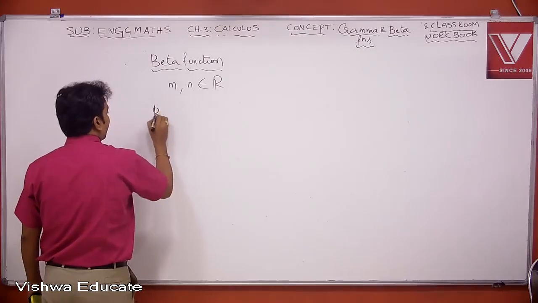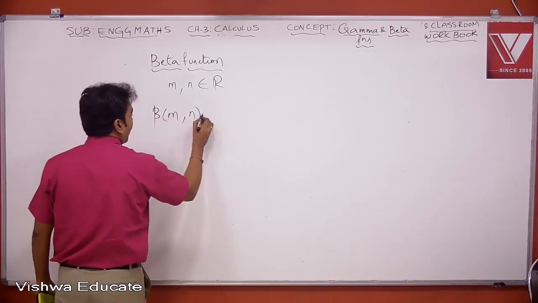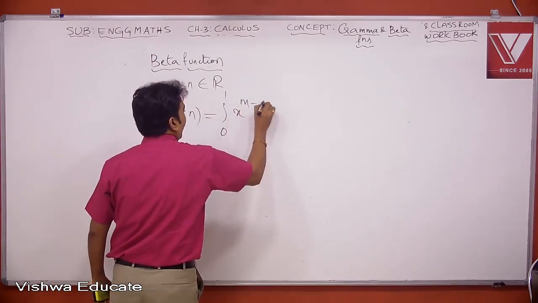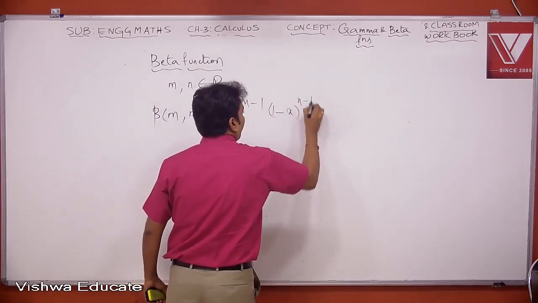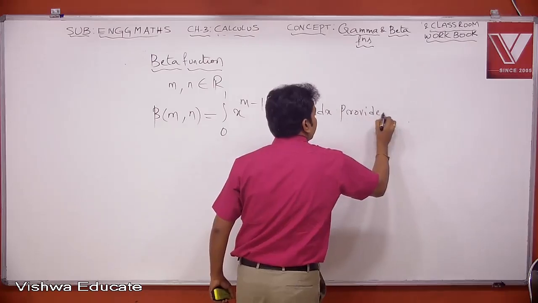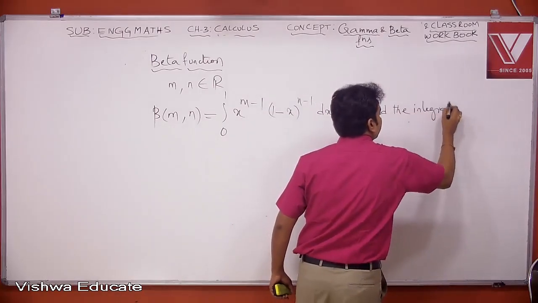Then the beta function for m comma n is denoted by beta of m comma n, which is defined as the definite integral 0 to 1 x power m minus 1 into 1 minus x whole power n minus 1 dx, provided the integral exists.